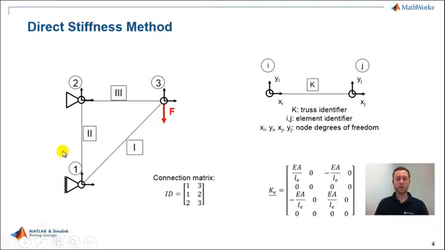That are nodes 1 and 3. And this is stated here. The same for truss number 2. Truss number 2 is comprised of node 1 and 2. Same for truss number 3. So the ID matrix is always a 2-column matrix, and the number of lines represents the number of trusses in your system.